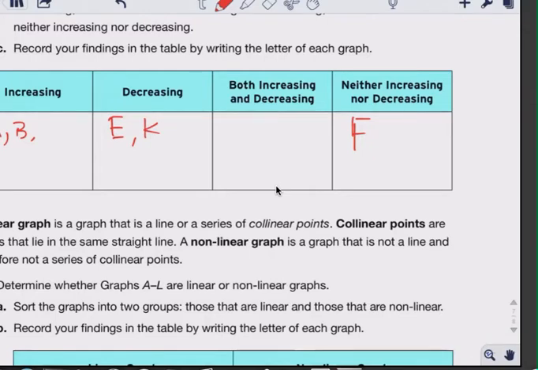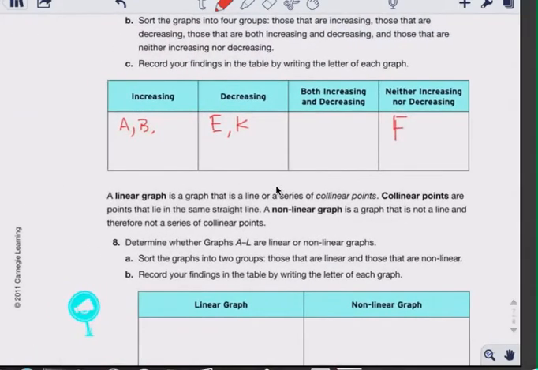The table for both increasing and decreasing: C, H, and L. Are they correct? Yes. C, H, and L. Any disagreement? Anyone else with anything else?